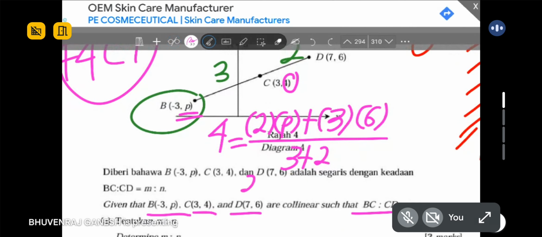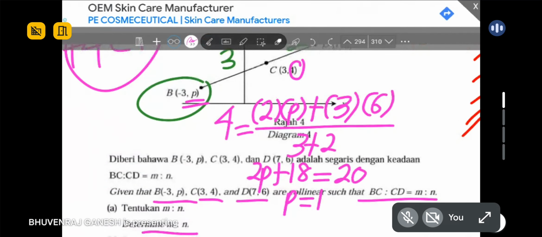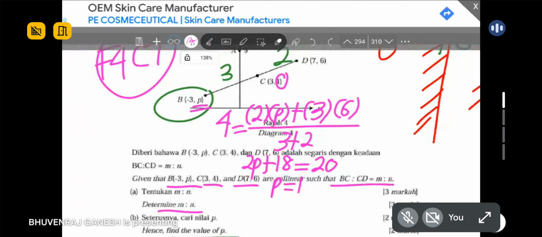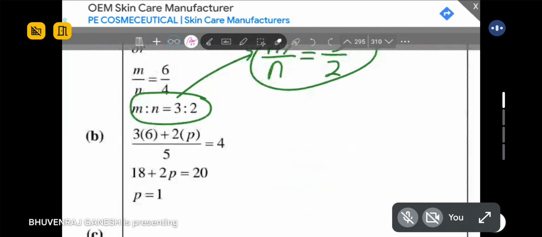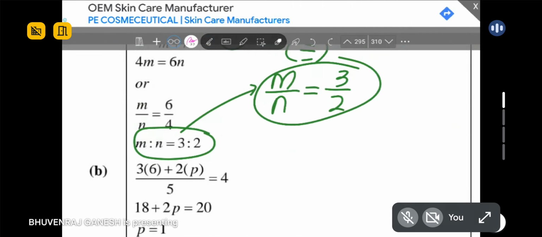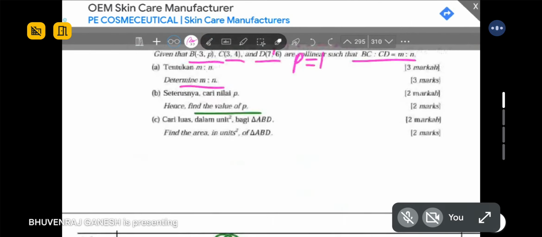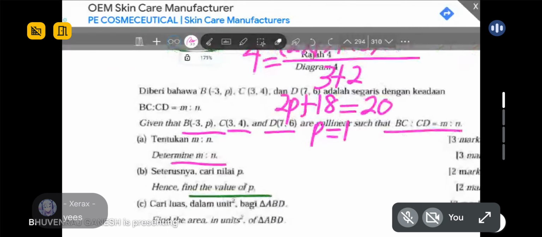So now you just solve for the P. Cross multiply, you will get the answer P equal to 1. Understand? Boleh dapat jawapan dia? Question B, you should get P equal to 1. Okay, so far? Semua jelas? All clear? No question?